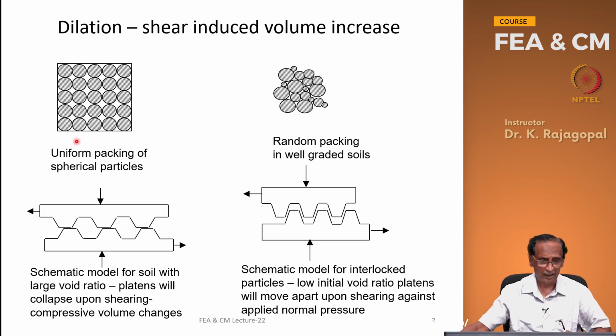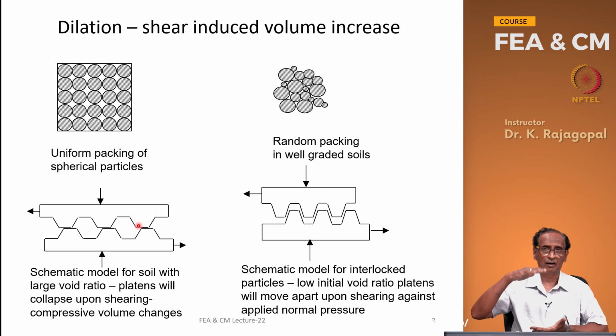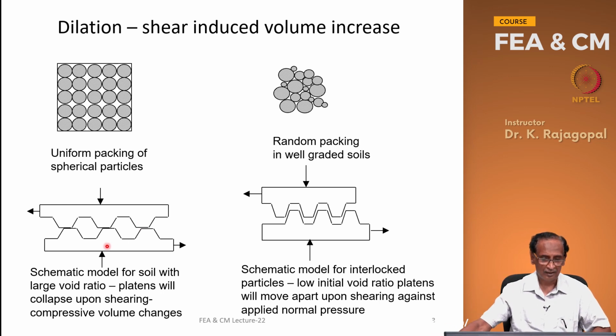And the analogy for this we can look at by looking at these two serrated plates, let us say that initially the two plates are arranged like this with a very large spacing between them, and if you subject them to any shear strain, after some strain you will see that the upper plate will fill up the bottom plate and they will come together, and that is similar to our volume compression of the loose sands.